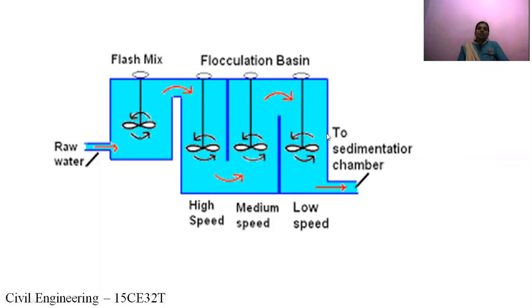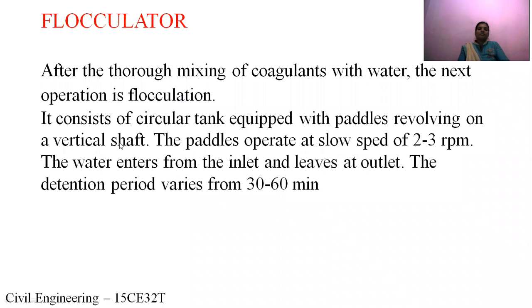After flocculation is done inside the basin, it goes to the sedimentation chamber. It consists of a circular tank equipped with paddles revolving on a vertical shaft.